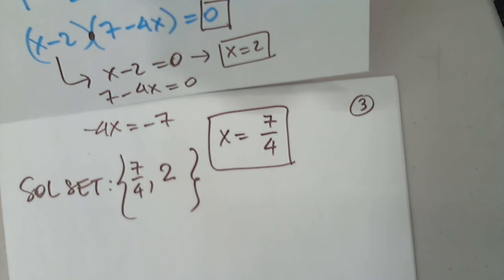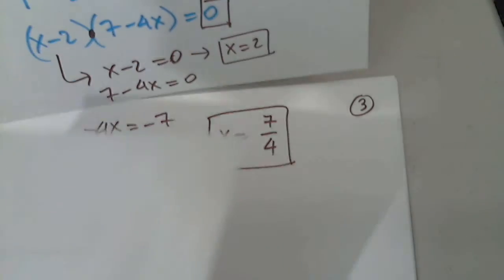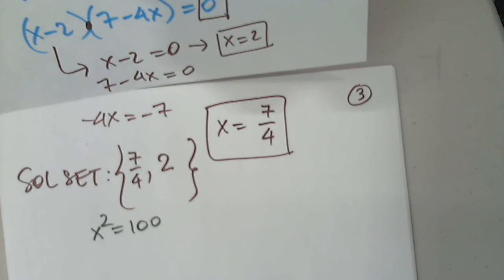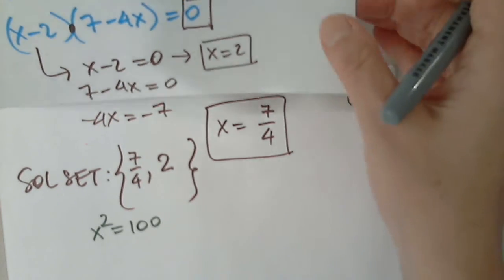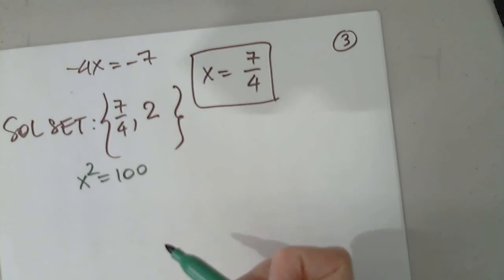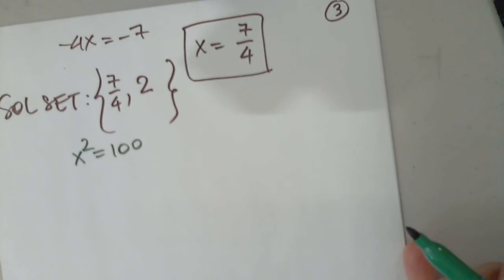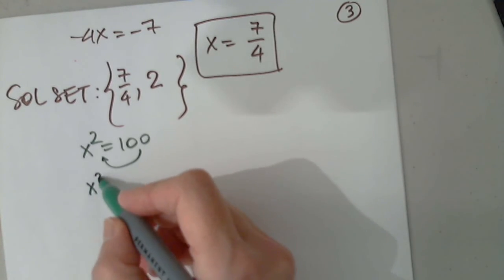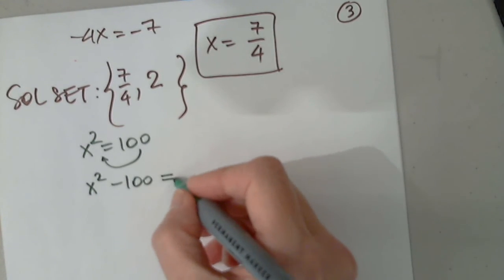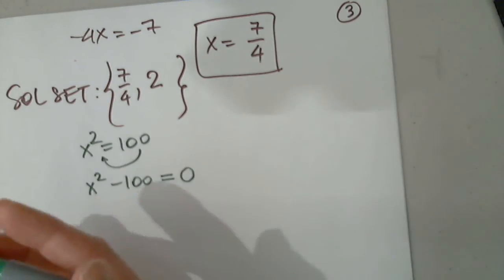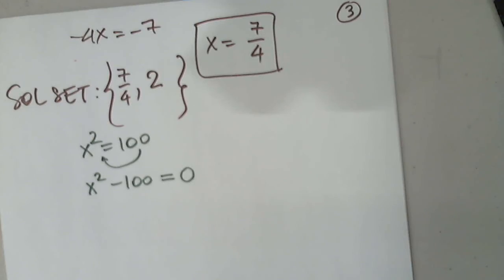Another example. Let's say b, which is x squared equals 100. I cannot use the zero product principle yet because it's not a product and I don't have 0 on one side. But I know that I move 100 and I have to have 0 because when I move the only term that I have, if I move it to the other side, I have to have 0.